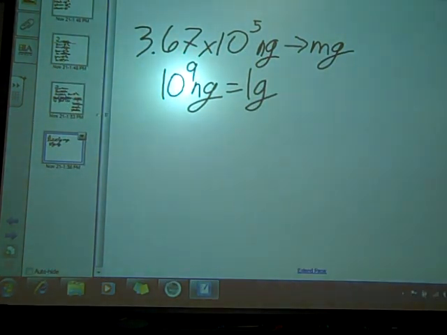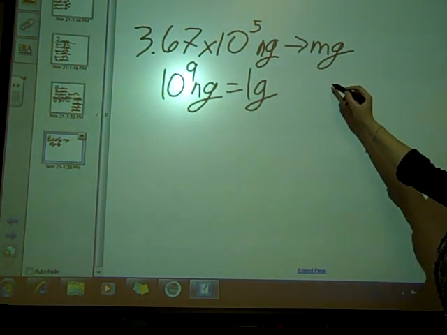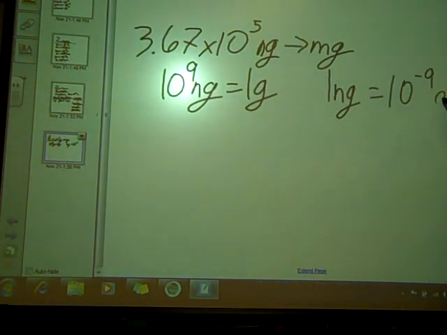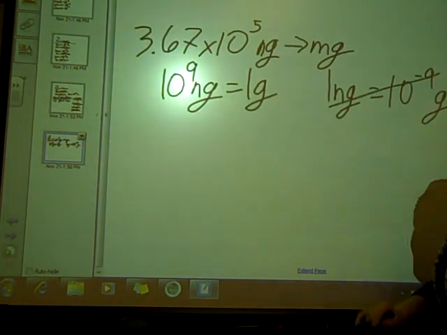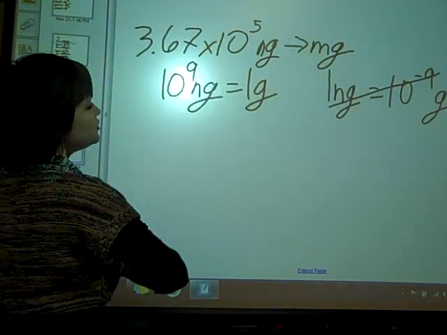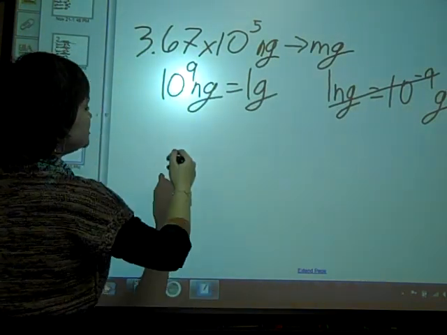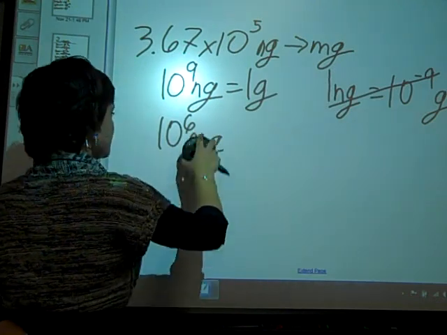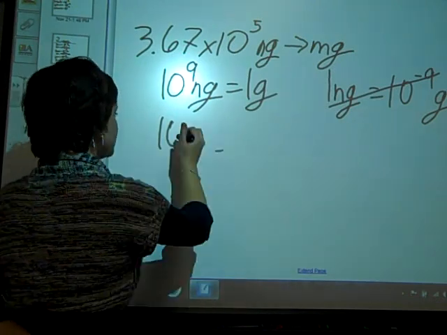Nano means 10 to the negative 9th. Similarly, you could also say that 1 nanogram is 10 to the negative 9th grams. That also will work fine in this conversion. I just hate negative exponents. So, starting unit present. Now we need to get to our ending unit. Oops, that's micro, not milli.